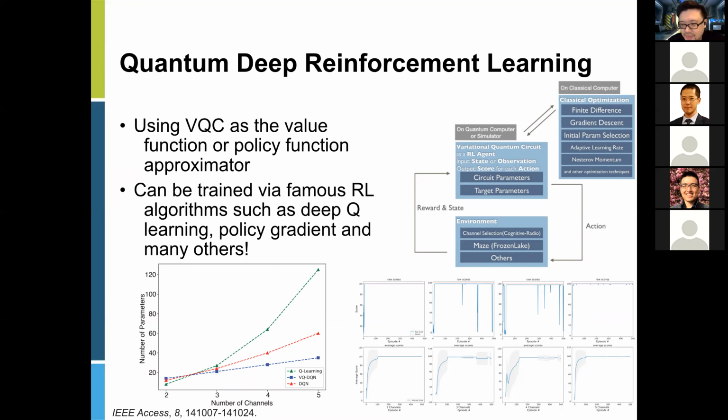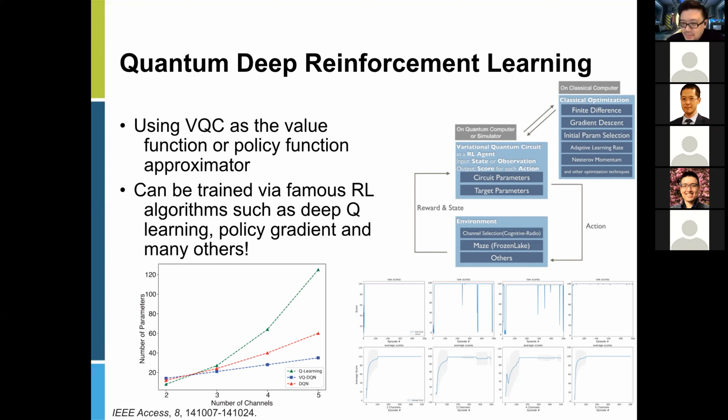If we put in such function approximations, which have been shown in several numerical simulations to have better expressive power than the classical models, can we use such quantum models to better learn a decision-making problem?